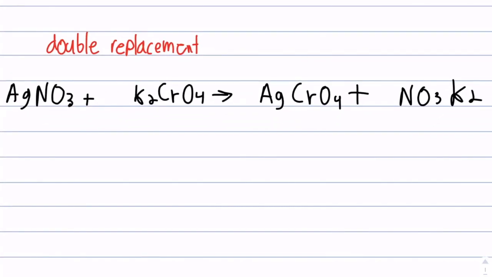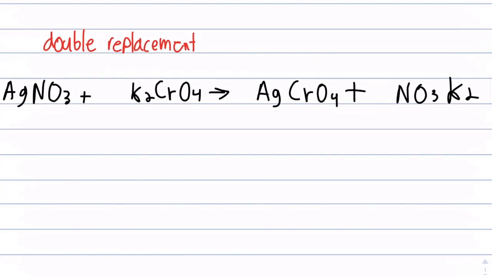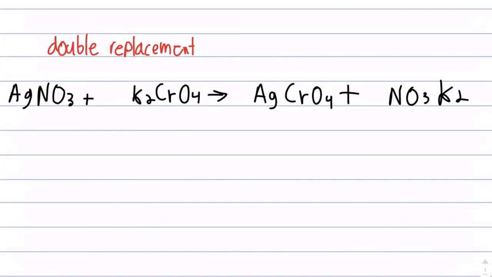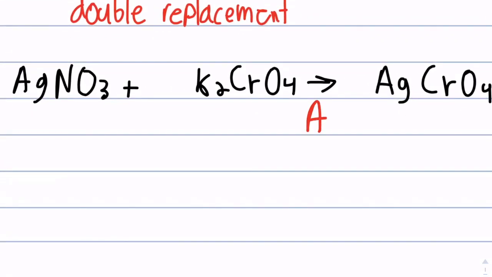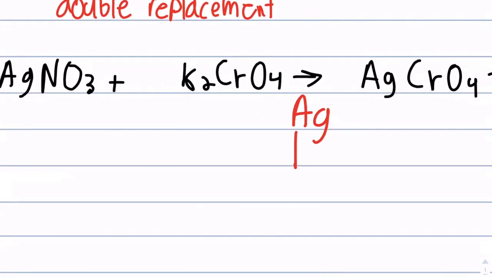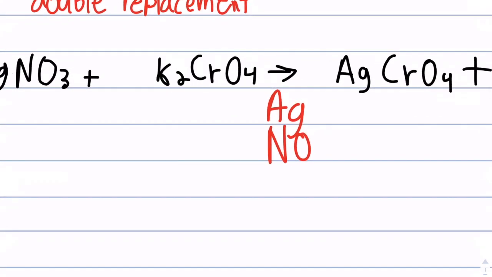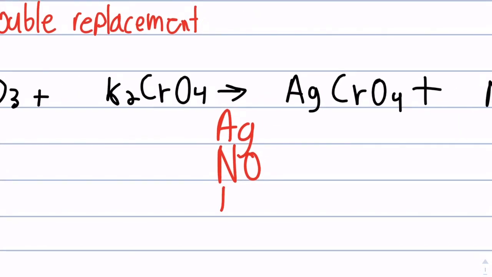Last kind of equation is a double replacement reaction. So for this one, basically, the reason why this is a double replacement reaction is the NO3 switches with the CrO4. So again, same thing as always, list your reactants: Ag, NO, and then K, and then CrO.